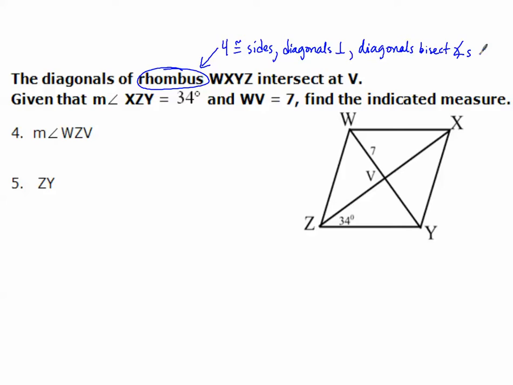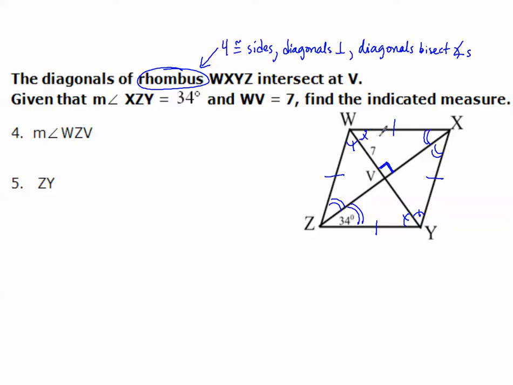So I'm going to draw that in my picture. Four congruent sides, diagonals perpendicular, and diagonals bisect angles. Those are congruent to those, and those are congruent with those. That's going to help me immensely without having to do too much work.